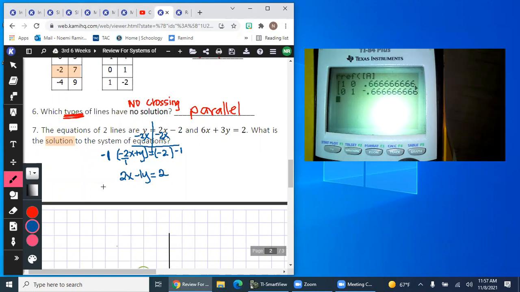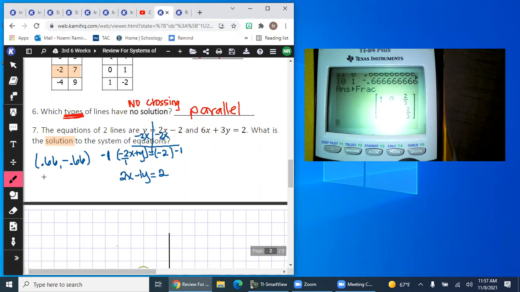And you do get this point of intersection, which is 0.66 or negative 0.66. You could change this to a fraction by pressing math, enter, enter. And it's just letting you know that the point of intersection, or the solution, is 2/3 and negative 2/3, depending on what they're asking on the STAR test, because if it's a bubble in answer, obviously you're going to use a decimal form. If it's not, it might give you a fraction.